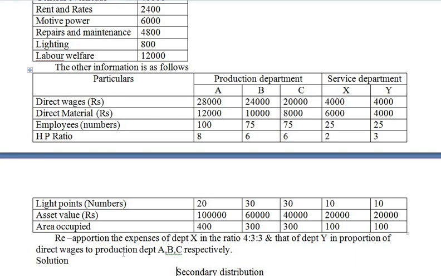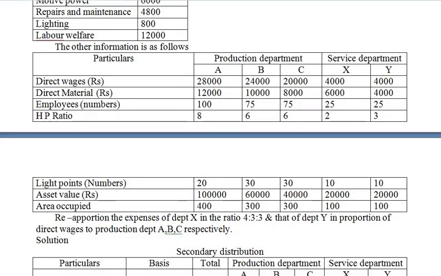Even Y has to be distributed on the basis of direct wages. So we need to calculate the ratio of direct wages and then distribute it to all three production departments. If they have given reapportion the expenses of service departments to production department, it means the problem is on secondary distribution. Now we will solve that problem.